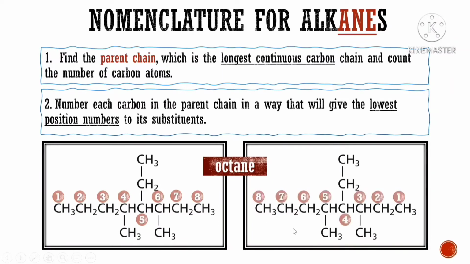If we number from the right, the substituents would be at carbon number 3, 4, and 5. So between 4, 5, 6 and 3, 4, 5, 3, 4, 5 is lower. So it is correct to number the parent chain from the right.